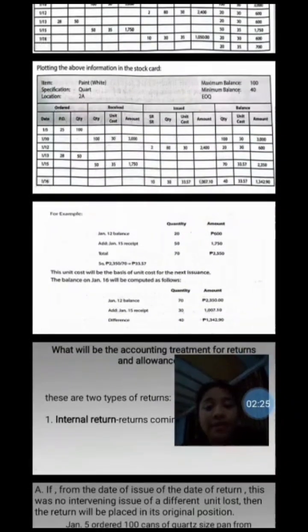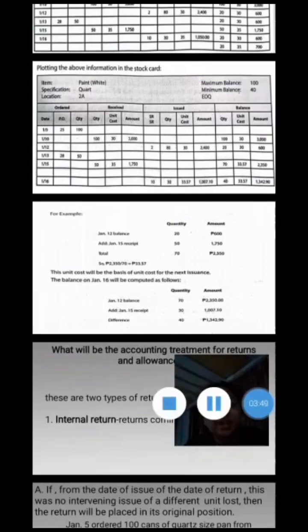On January 12, the balance is 20 pieces with an amount of 600. Add the January 15 receipt of 50 pieces at 1,750, for a total of 70 pieces at 2,350. So, 2,350 divided by 70 equals 33.57. 70 times 33.57 comes up to 2,350.